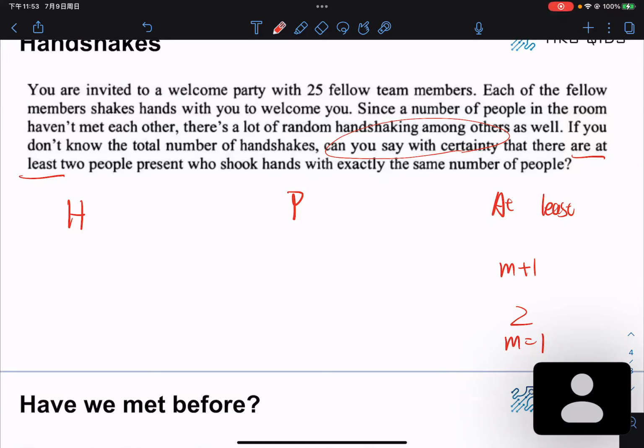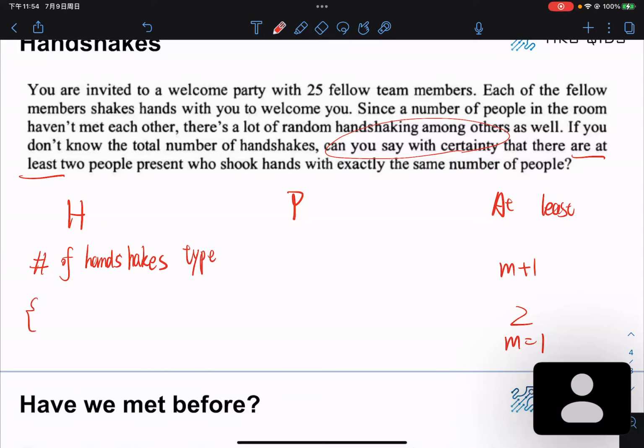We define the edge as the number of handshakes. What does it mean?